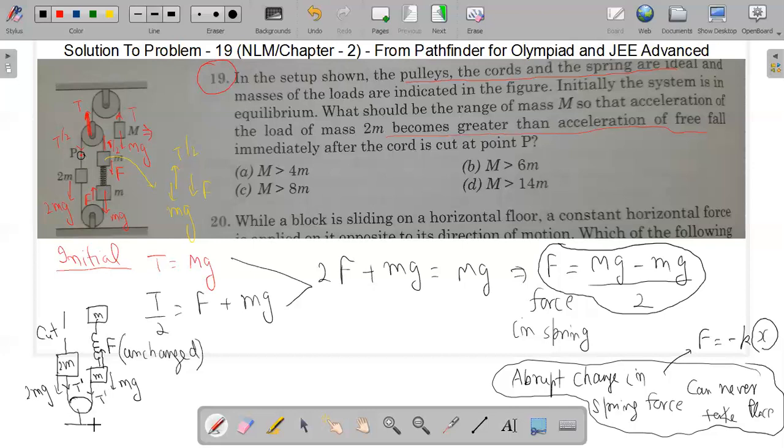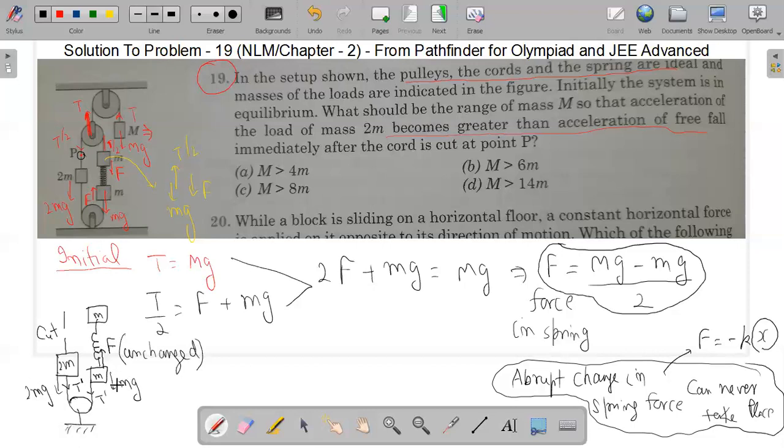Now the question says that the 2m mass is falling down with acceleration more than g. Any object can fall down with acceleration more than g only if there is some downward force in association with the force of gravity.